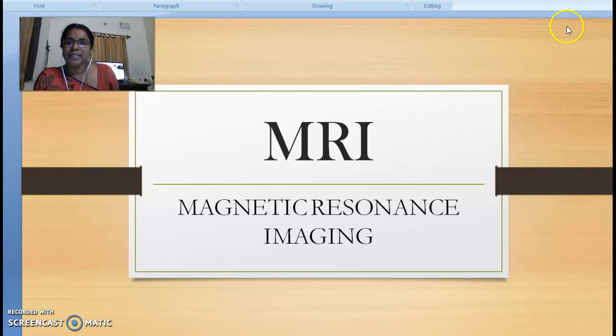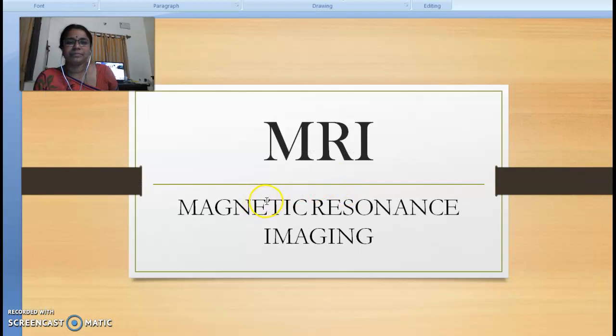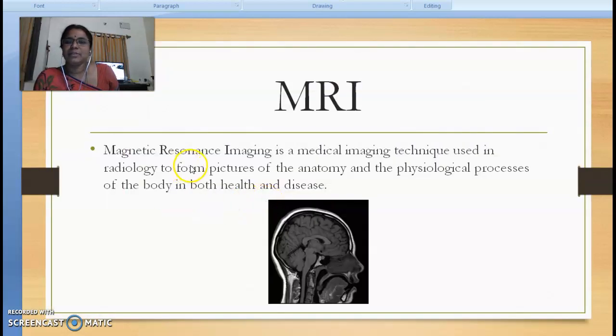So, this MRI is an application of NMR spectroscopy. This is nothing but magnetic resonance imaging. This magnetic resonance imaging is a medical imaging technique used in radiology, because we are passing radio waves.